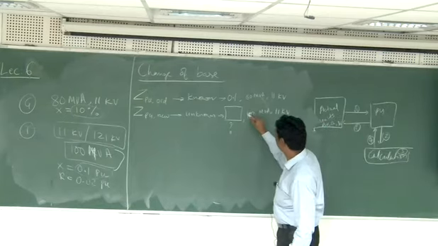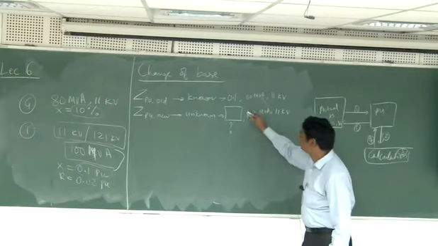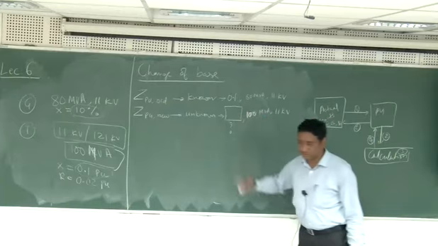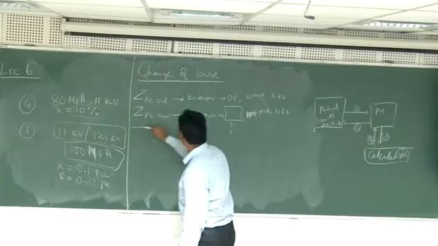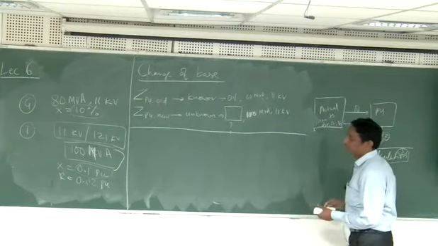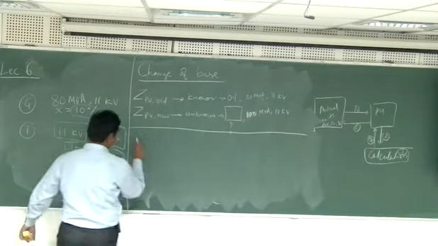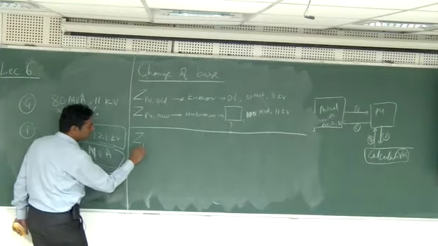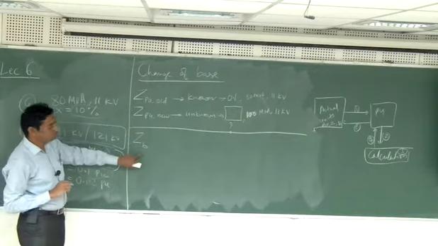This is 100. So I want to know what this one is. So how will I know? Just see what I am doing. Z base. So this is per unit, whereas this is base.